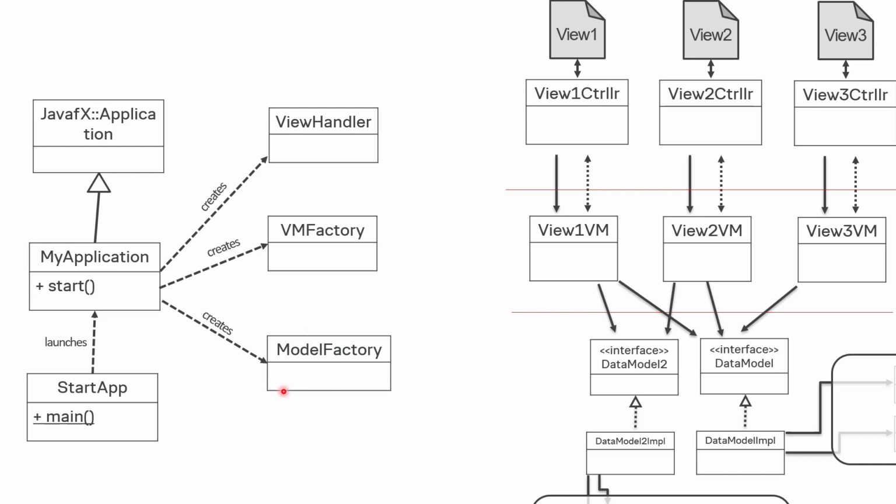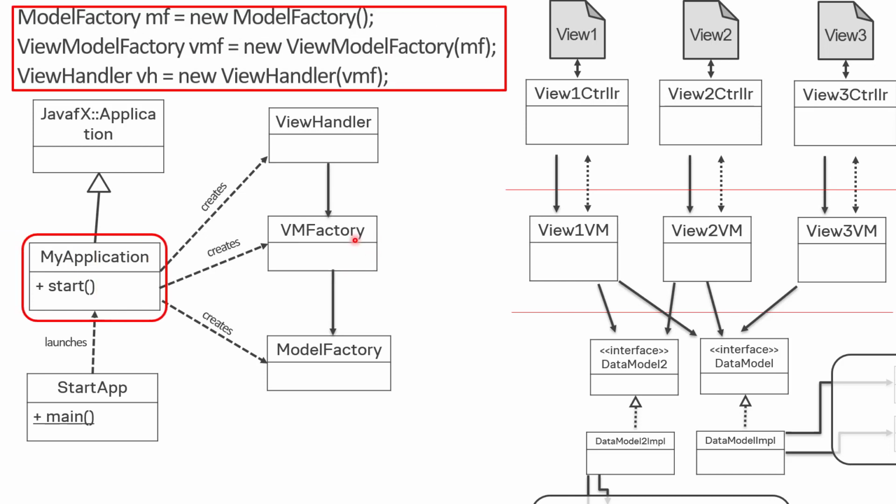Now between these three classes we also have a kind of relationship. It comes here. So the view handler has a reference to the view model factory, meaning that in the view handler there is a private field variable of the type view model factory.